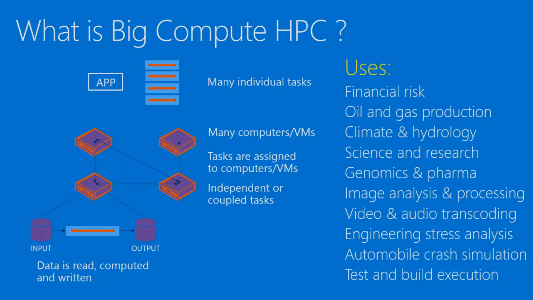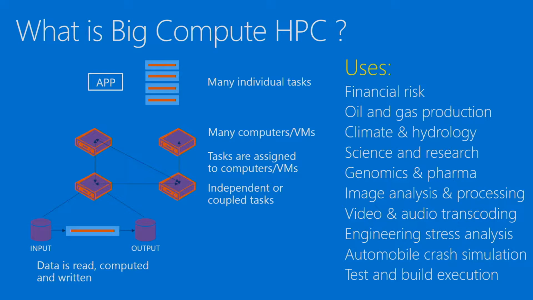We actually have one government agency running weather or species simulation on 10,000 cores in Azure. And weather forecasting is another area. Genomics and pharma, there's a lot of molecular modeling going on there, obviously DNA sequencing and stuff like that. Image analysis and processing and rendering, video transcoding. We are working with some of the largest studios in the world to have their render farms come to Azure.